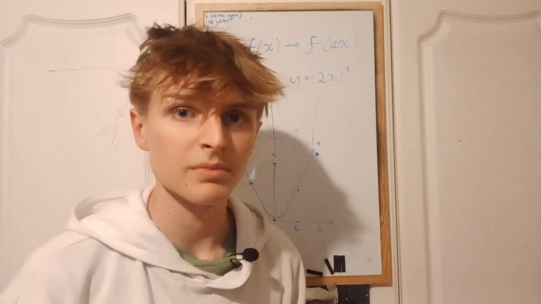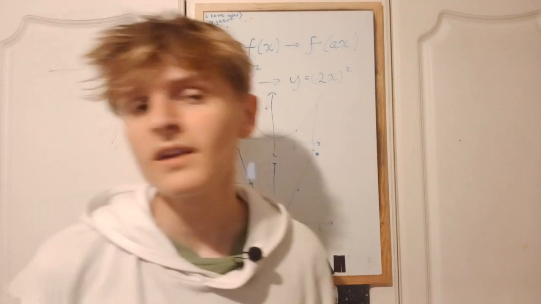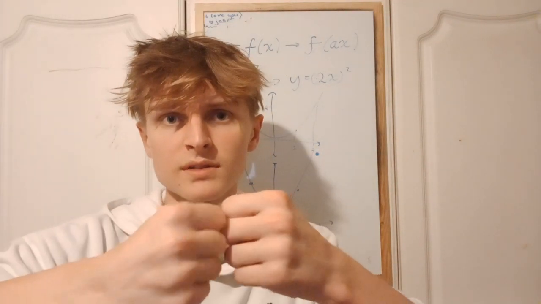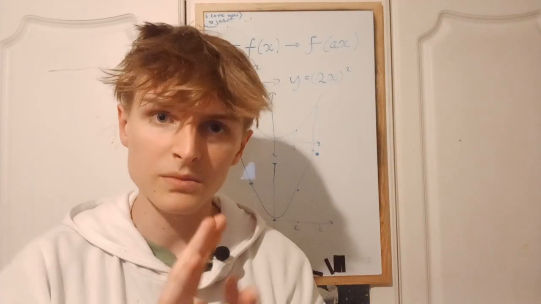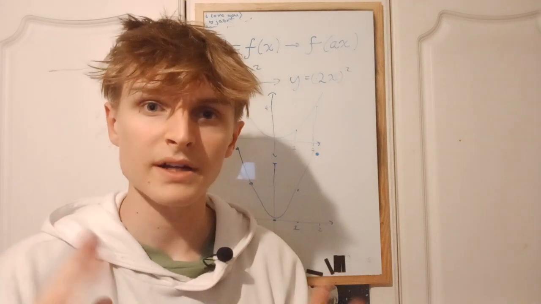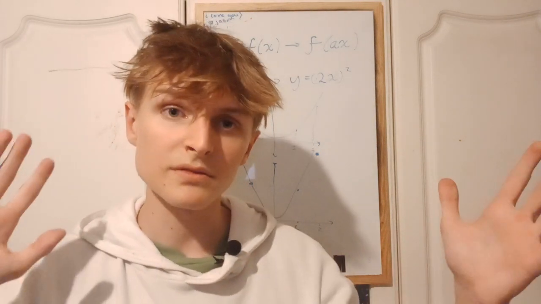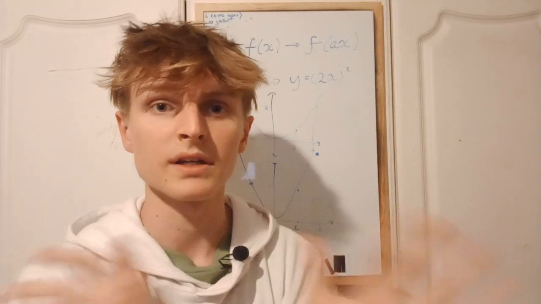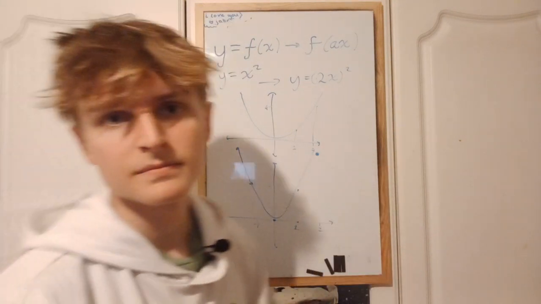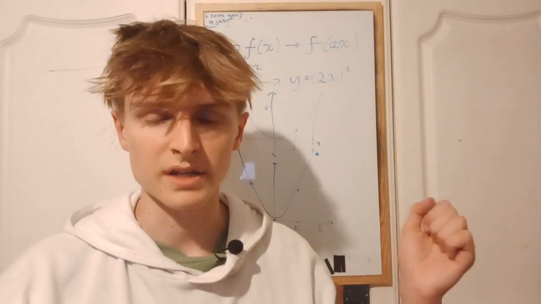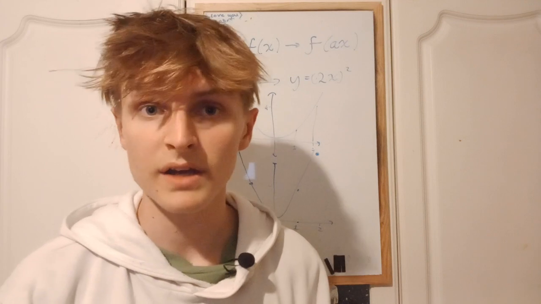And if you have a function transformation that multiplies the input by a number a, then it will compress the function inwardly by a factor of a, and if that number happens to be negative, it will flip the function along the y-axis, and also scale it by whatever the magnitude of a is.